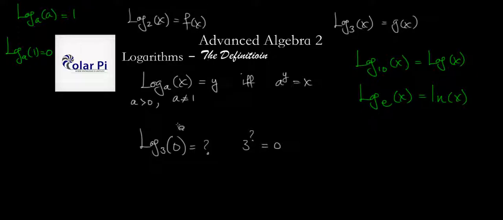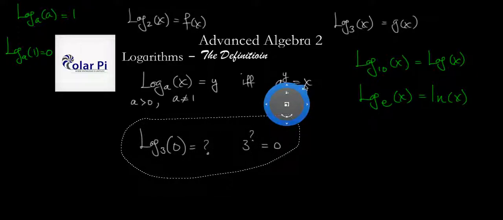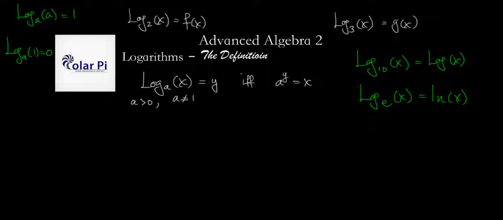And so the only thing left to talk about is, can we evaluate logs where x is negative? For example, log base 2 of negative 4. Well, we'd say this equals y, and that would imply that 2 to the y is equal to negative 4. But wait, there's no y so that 2 to that power equals negative 4.